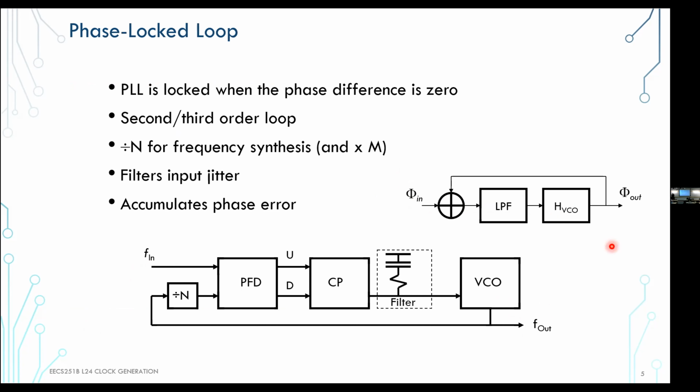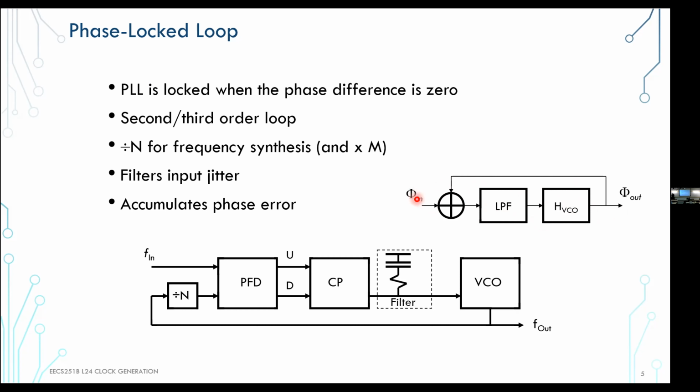Now, a very high level systems block diagram is essentially something like this, where in the phase domain of the clock, the phase of the output clock has to basically subtract from the input reference, and there's a low pass filter and something that generates the internal clock, which is a voltage controlled oscillator internally, but essentially there's some transfer function in the loop. So it's basically a closed loop negative feedback system that tries to enforce that phi out tracks phi in.